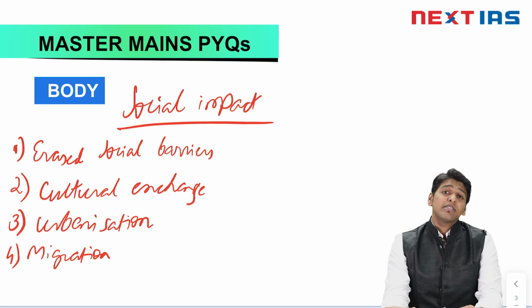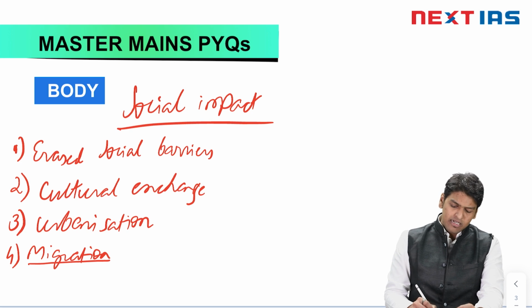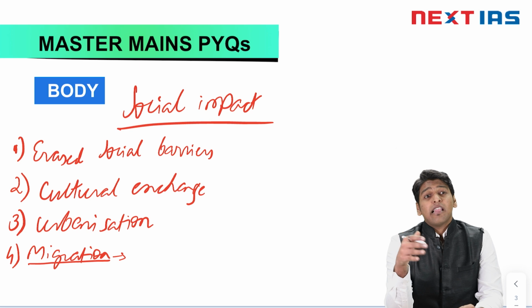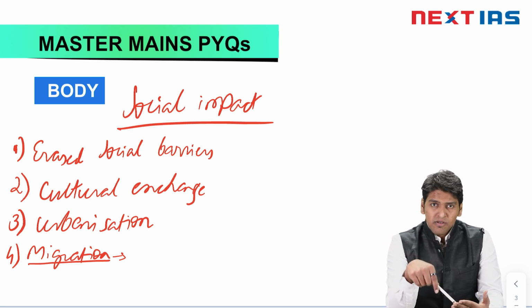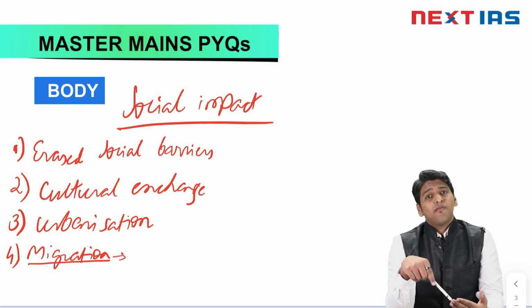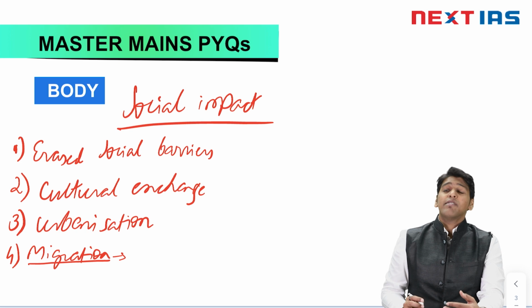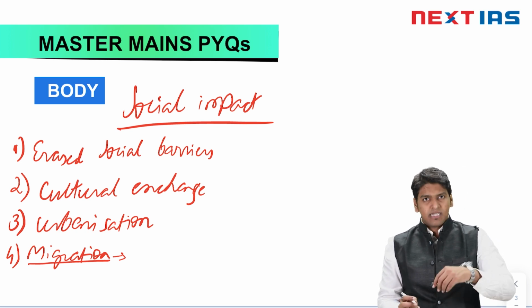Because it made long distance journeys easier, migration became easier. This point stands still today, as you might have recently seen the huge rush of migrant laborers during the festivals of Diwali and Chhath. This is how railways has facilitated migration across long distances.